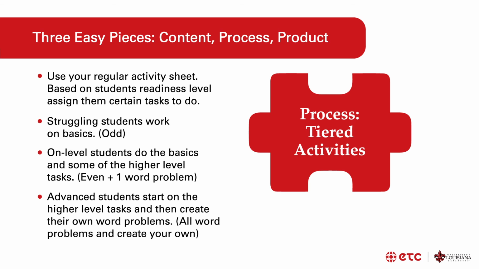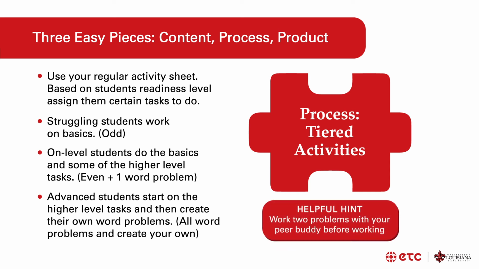Now, an easy way to add in some peer buddies to this is to have them do the first 1 or 2 problems with a peer buddy that's close to their level. This saves you so much time, because the students work with their peer in order to solve problems before they raise their hand. Normally you give a problem set, everyone has to do the same thing. You have about 20 hands that go up.